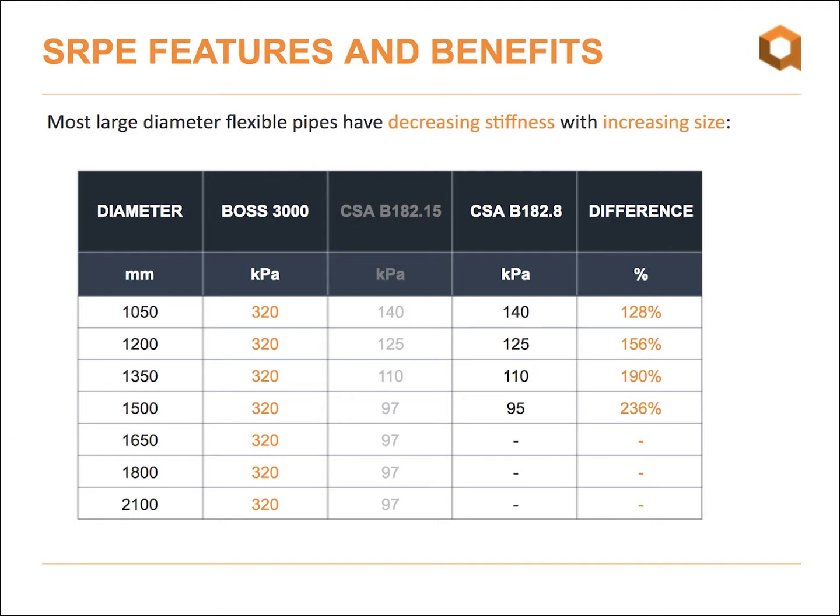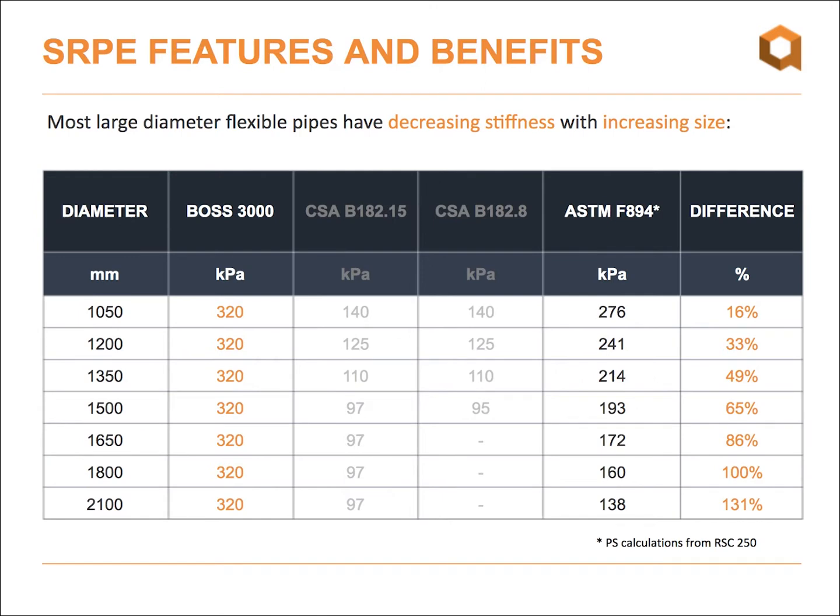And even compared to the ASTM F894 type of pipe material, which are categorized using a ring stiffness constant, well, if you enter the ring stiffness constant into the ASTM equation that converts it into pipe stiffness, even under that standard, variable pipe stiffness is allowed. And on the largest size, we bring to the table more than 2 times the stiffness of the competing material.